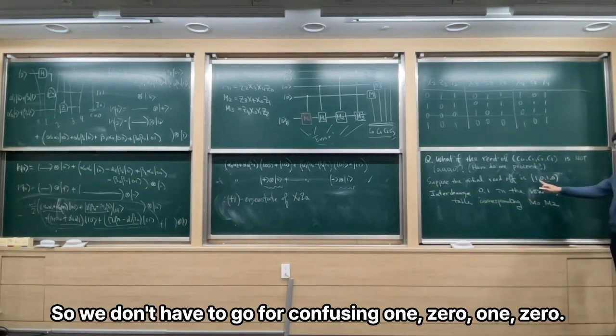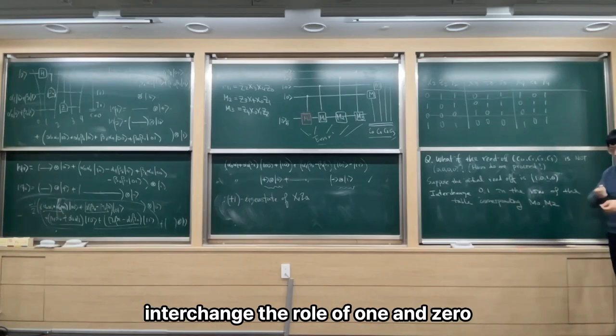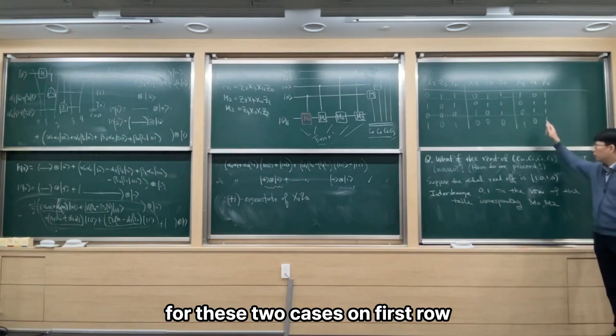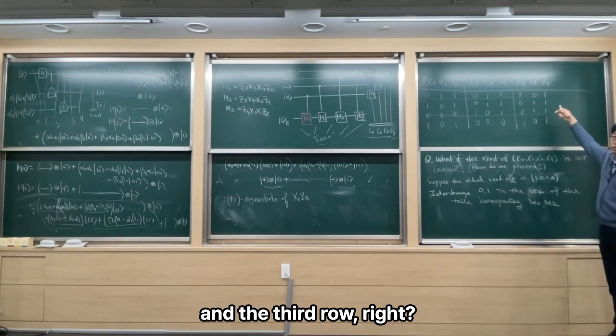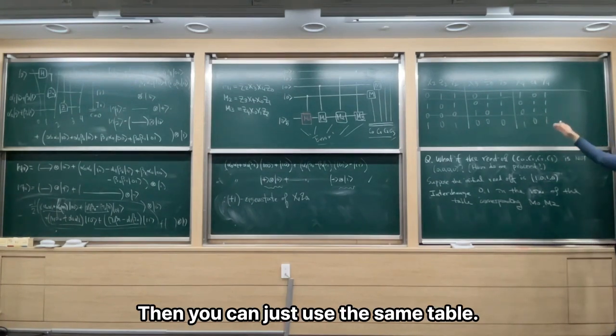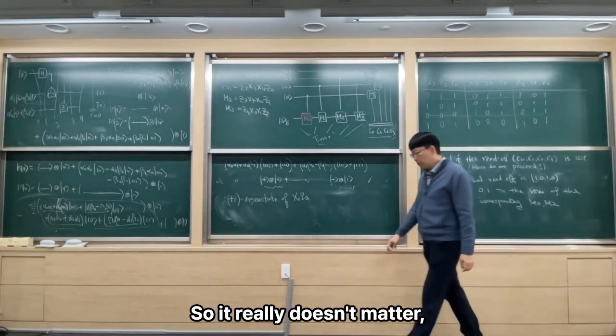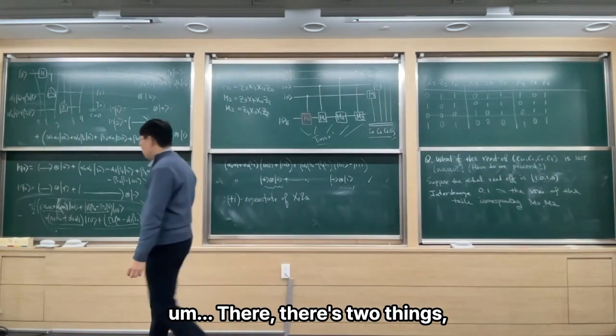So we don't have to go for the confusing 1, 0, 1, 0. Just interchange the roles of 1 and 0 for these two cases on the first row and the third row, right? Then you can just use the same table. So it really doesn't matter. There are two things.